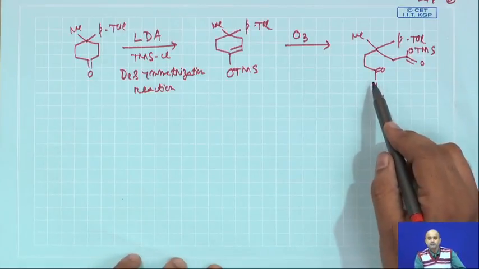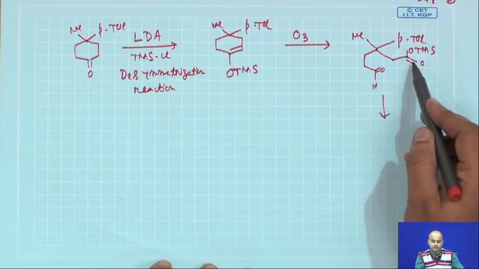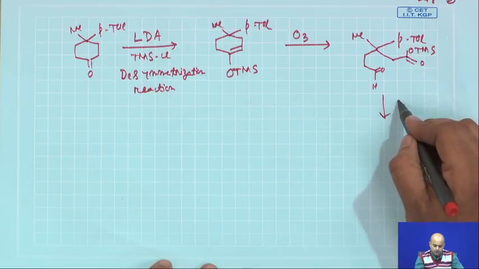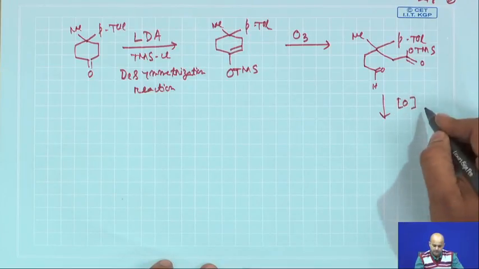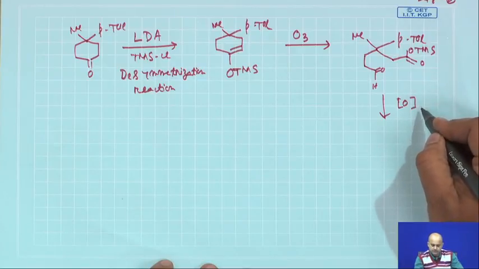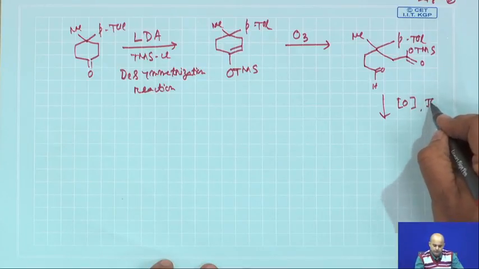So, you have an aldehyde, you have an acid or ester. So, what do you do first? Oxidize the aldehyde. Now, oxidation can easily be done by Jones conditions.